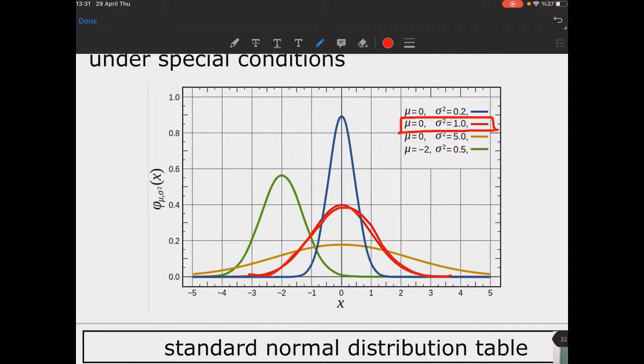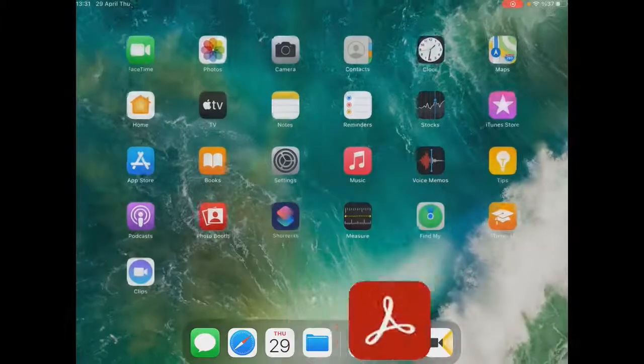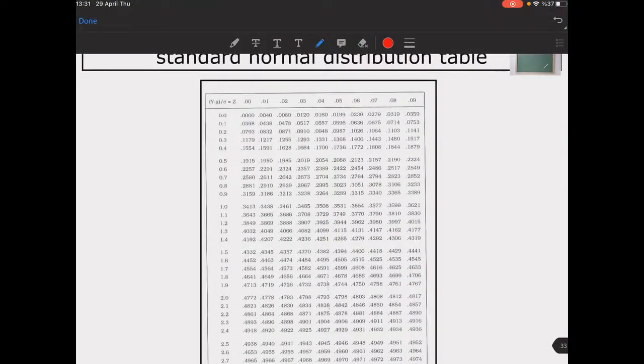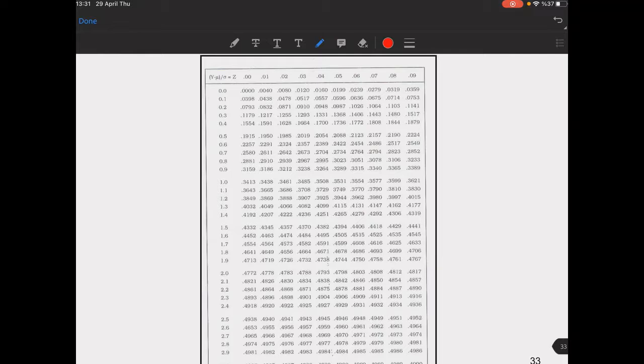And for calculations for this purpose, we can use the table. You see, no need to take the integral each time and calculate the area under the curve. We have a very convenient table for this purpose.